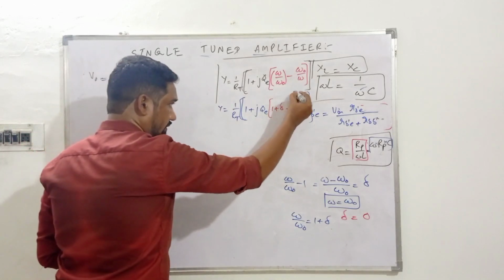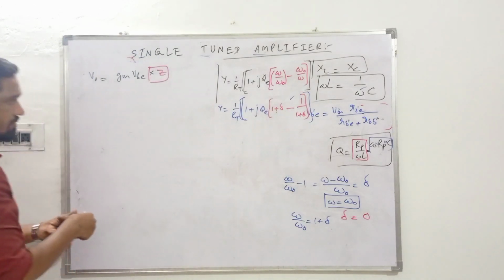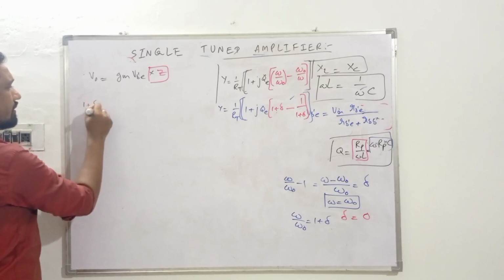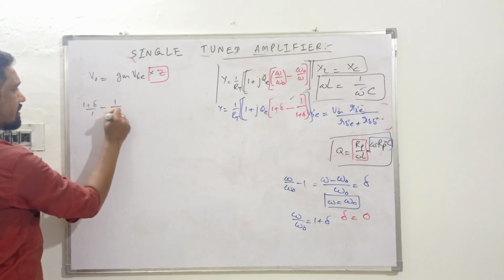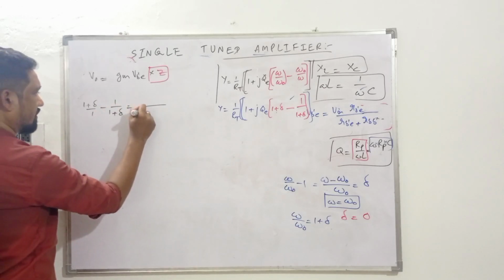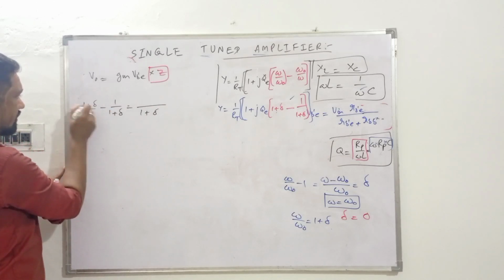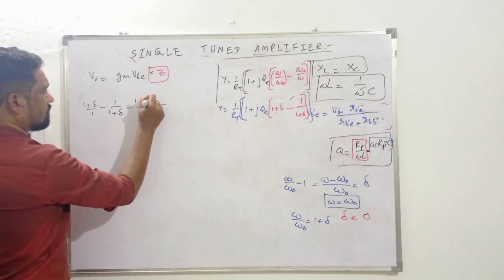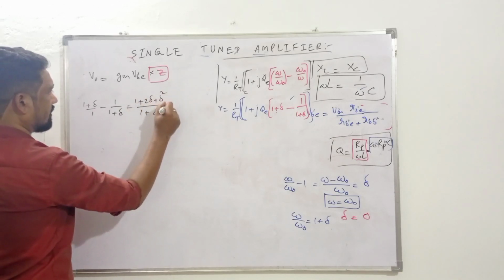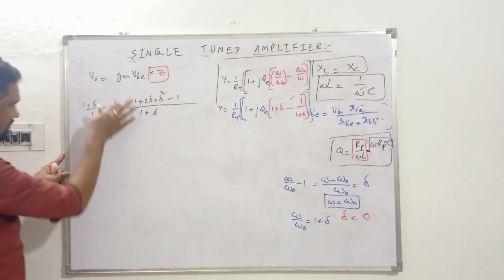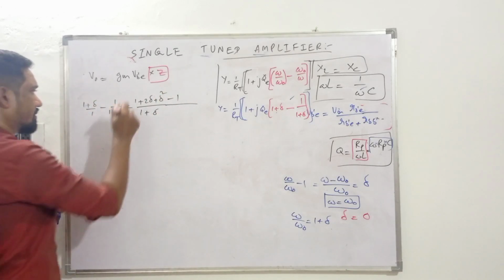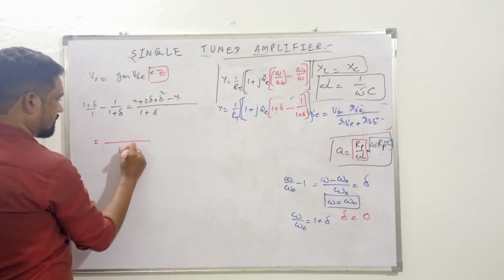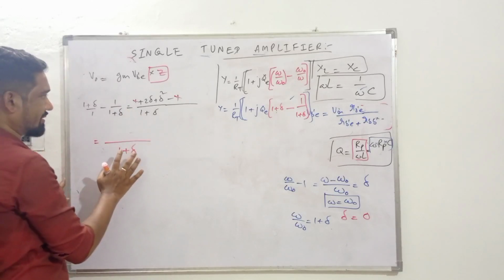Simplifying this, it's 1 plus del minus 1 by 1 plus del. The LCM will be 1 plus del, cross multiplying: 1 plus 2 del plus del square minus 1. Here the negative 1 and the positive 1 get cancelled, and the 1 plus del in the denominator stays as it is.